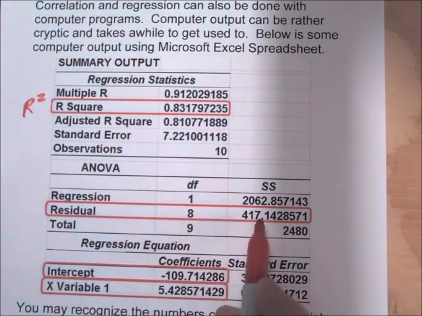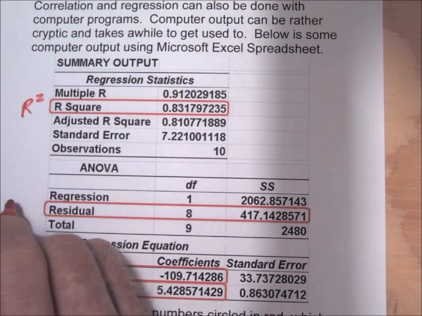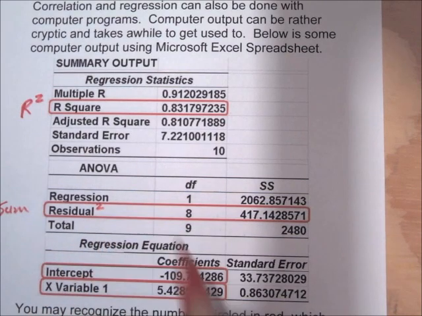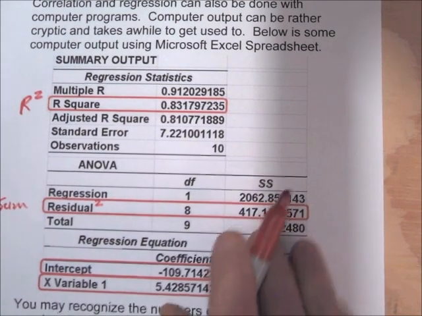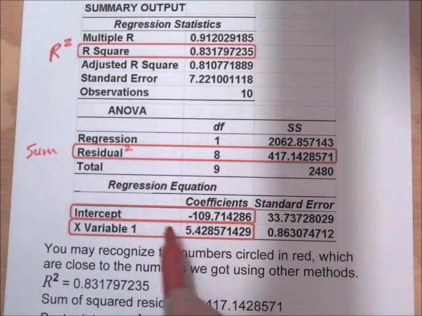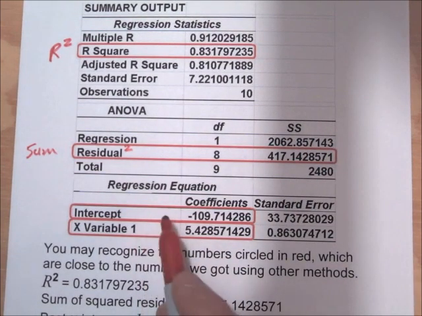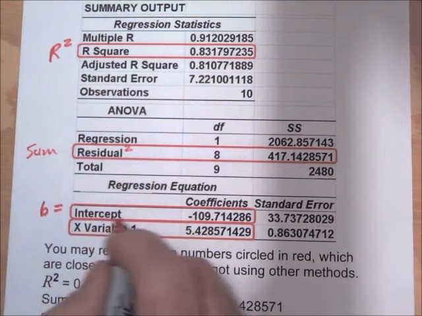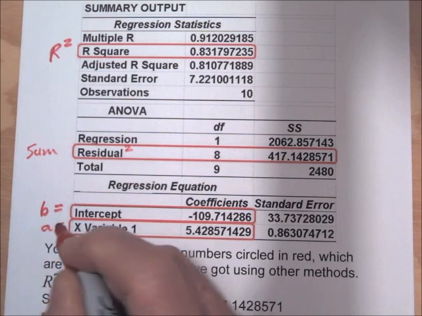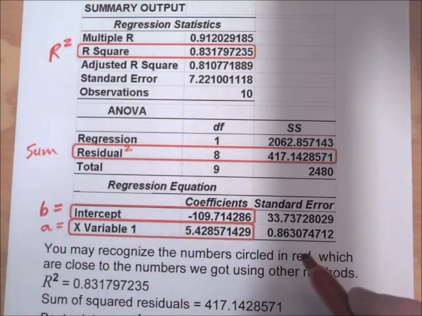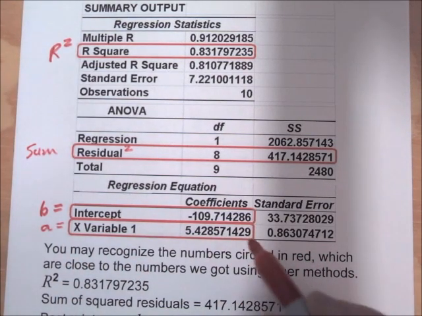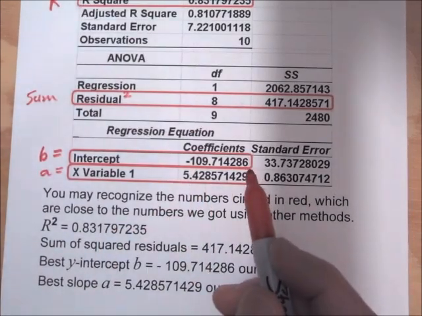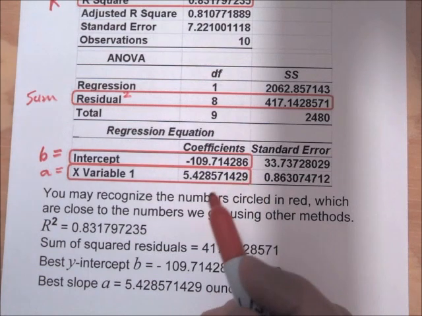This is actually the sum of the squared residuals, 417 point something. And intercept, that's B. And X variable, this is actually the slope, 5.42 something.